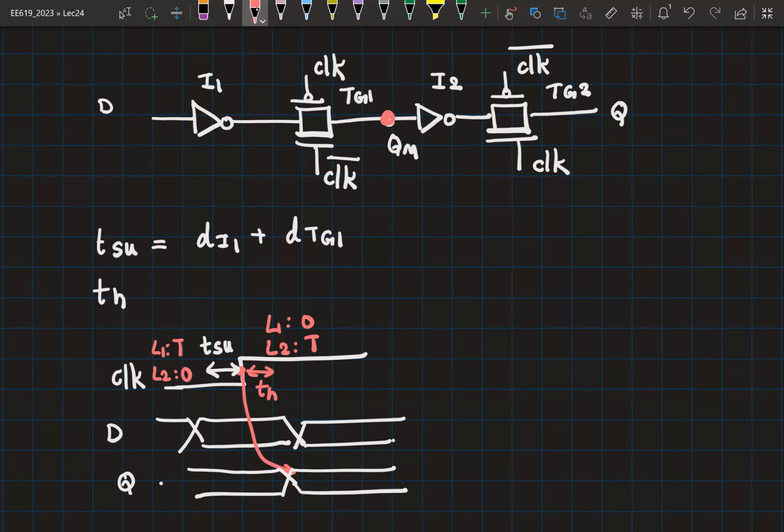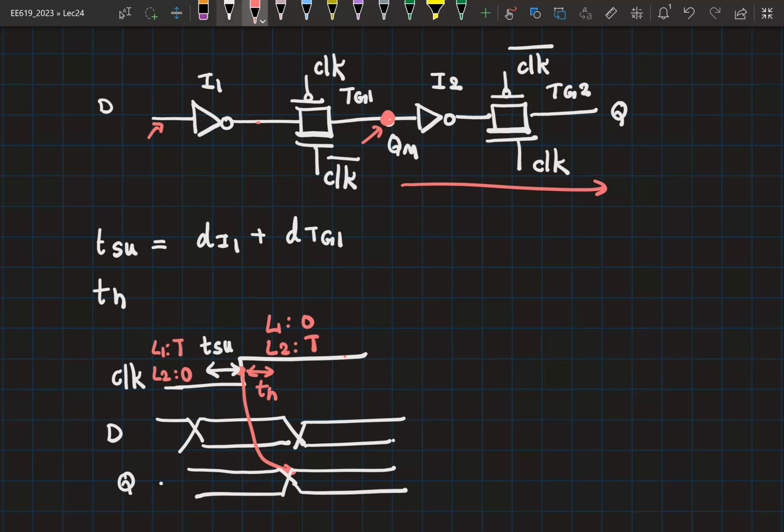Correct? Once it is set up here, then it can easily propagate to Q in the next phase where L2 is transparent. So for the data to reach here, you have to make sure the data is set up at the input for a duration of the delay of this inverter plus the delay of this transmission gate.